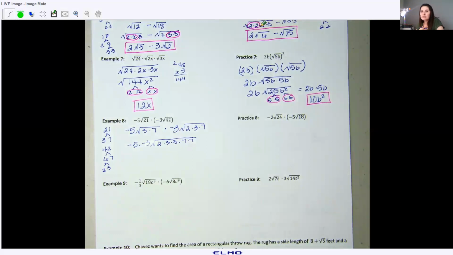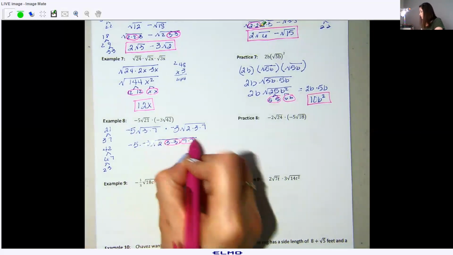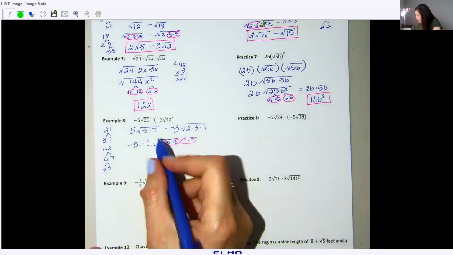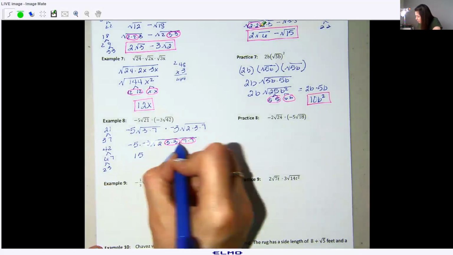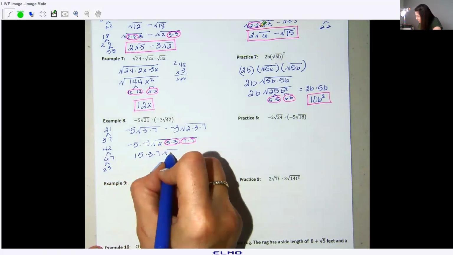So to me, it's easier to factor out first when you have problems like this, because now I can go ahead and pair up my numbers. Okay, and pull those out, and now I'm left with just a 2 on the inside. So -5 times -3 is 15, and then I pull out my 3 and my 7, square root of 2.